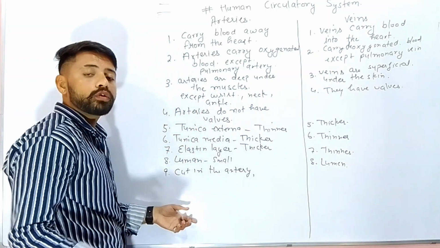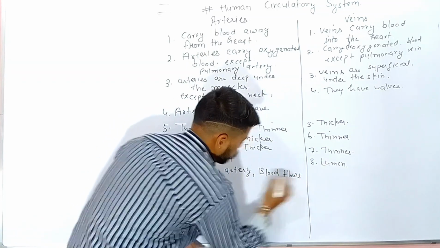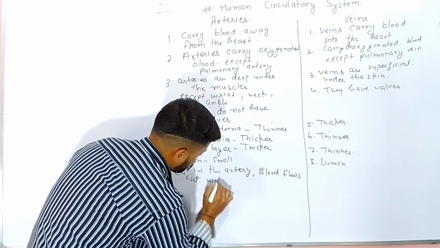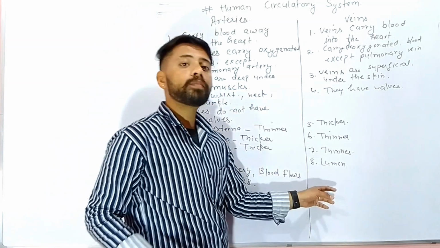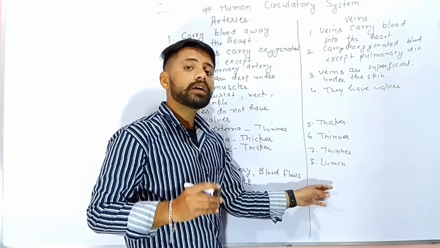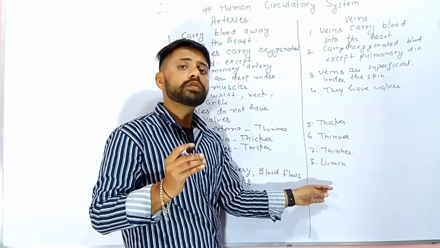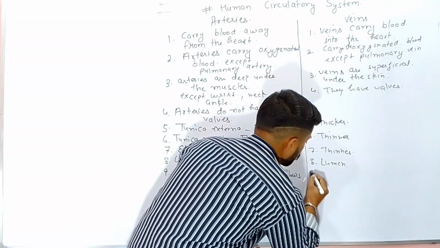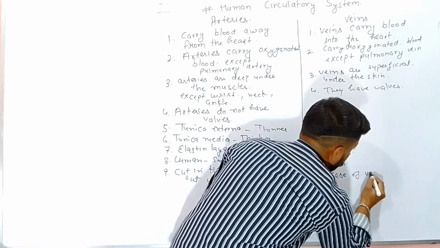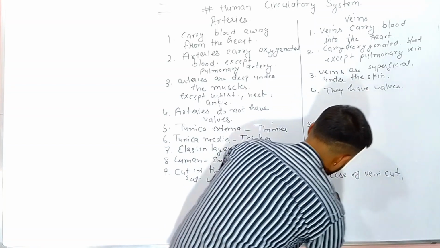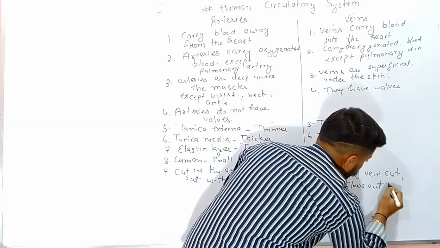Whereas in veins, as there is no pumping organ, when the vein is cut, the blood flows in a very regular manner, or we can say the speed of the blood is uniform. So in case of a vein cut, blood flows out uniformly.